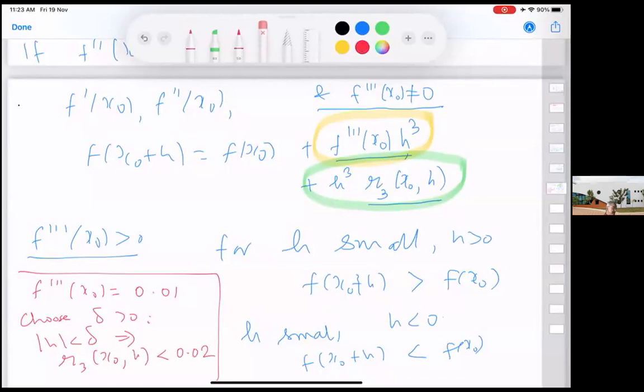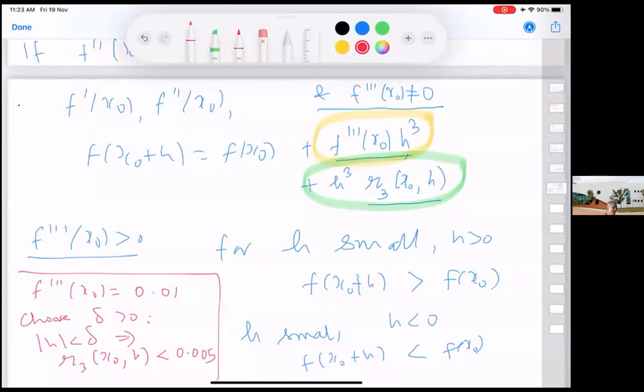So in other words, using R3 x0 h going to 0, I take my epsilon to be something smaller than 0.01, say 0.005. If I take this as my epsilon, I choose a delta such that R3 x0 h is less than 0.005.